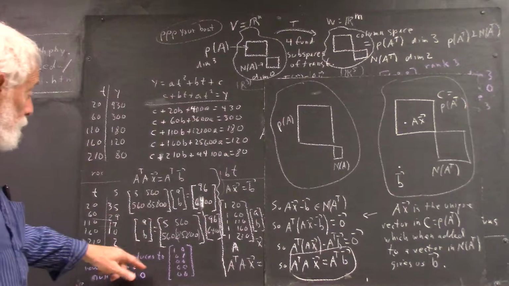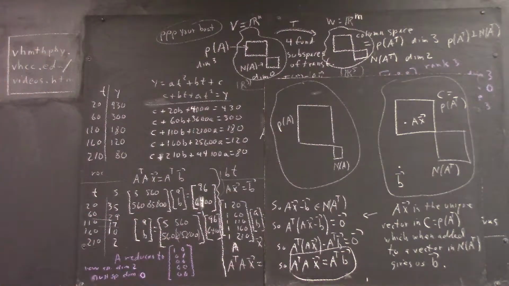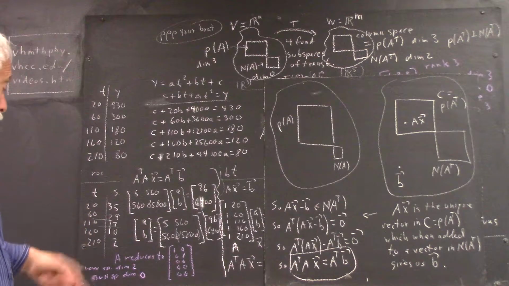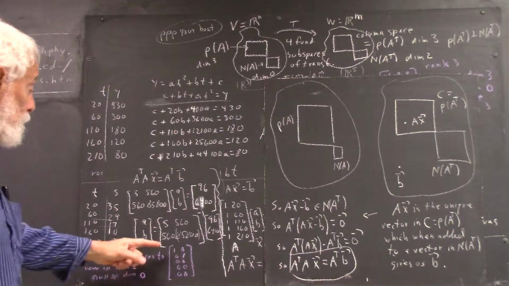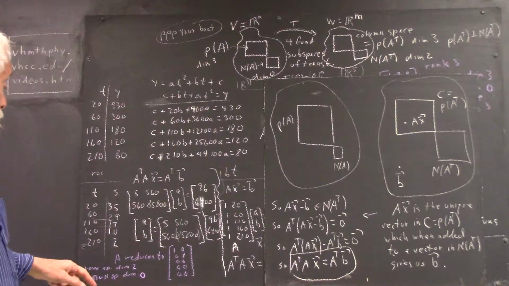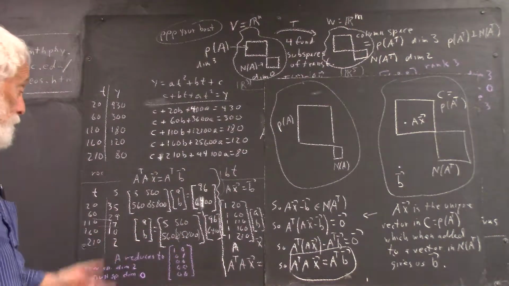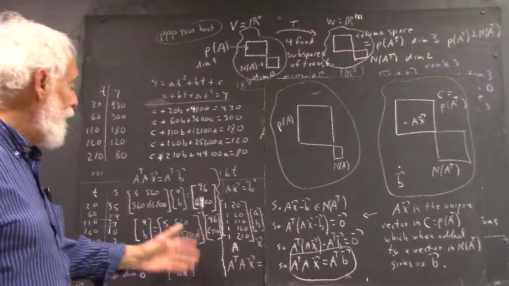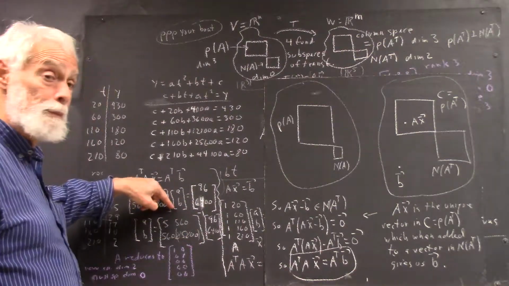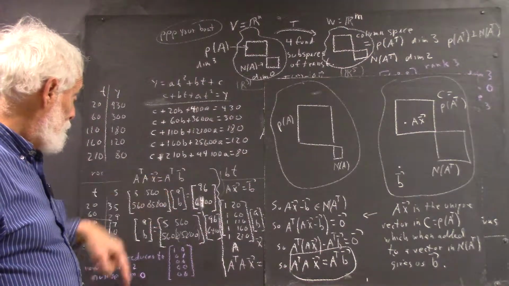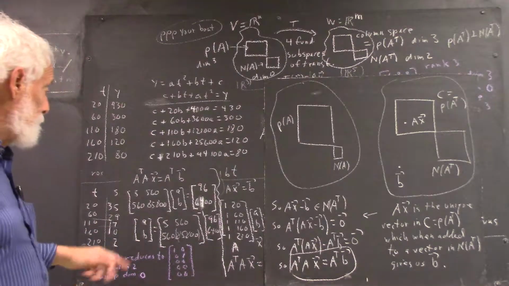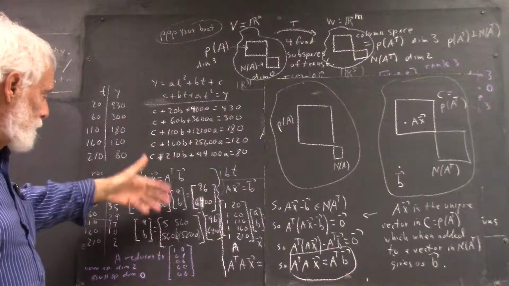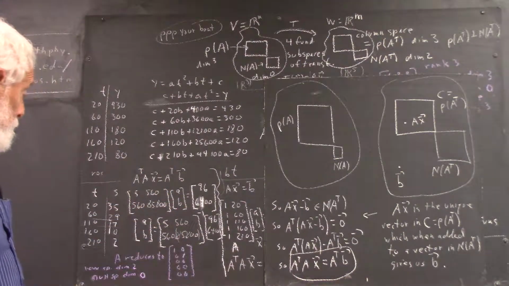So the matrix A reduces to this. Now, this is a little hard to write down here, but the row space has dimension 2, this row and this row. The null space has dimension 0 because this matrix acts on vectors in R2, and the dimension of the row space plus the dimension of the null space has to equal the dimension of the space the matrix acts on.